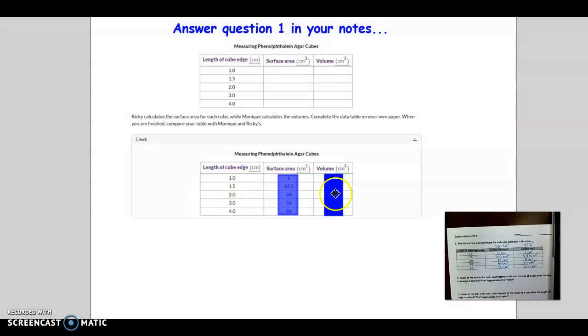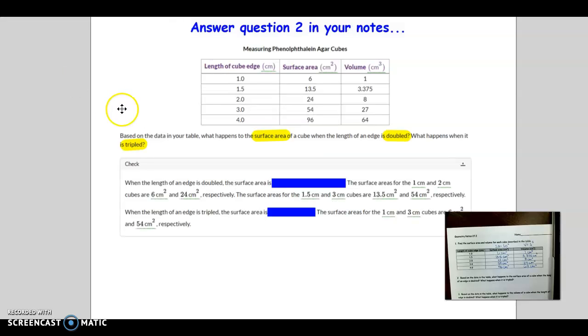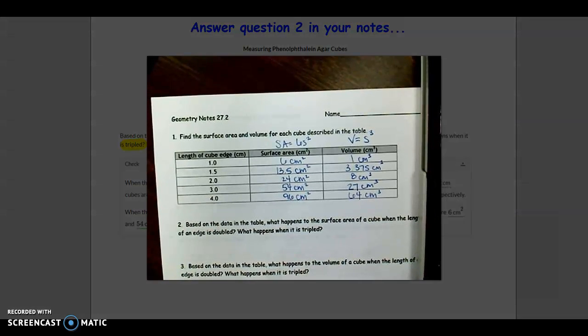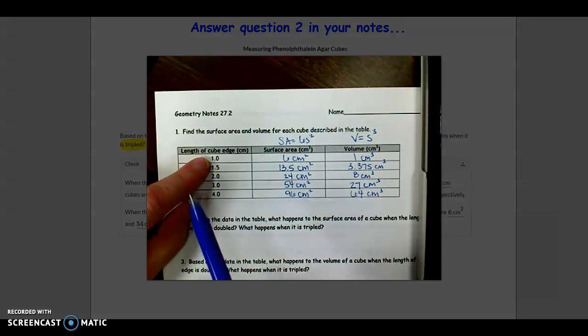So we can check our answers with those that they got and see that we are correct on all of those answers. Question 2 is saying, based on the data in our table, what happens to the surface area when the length of the side is doubled. We started off with a side length of 1.